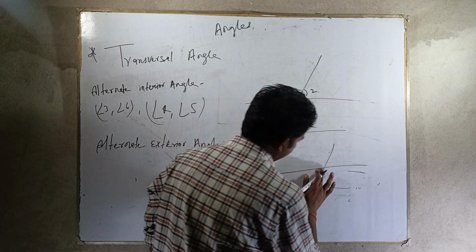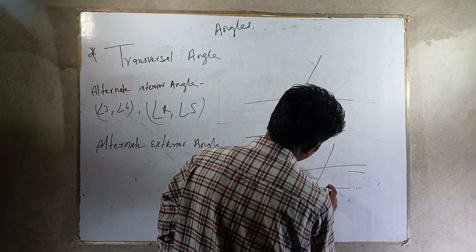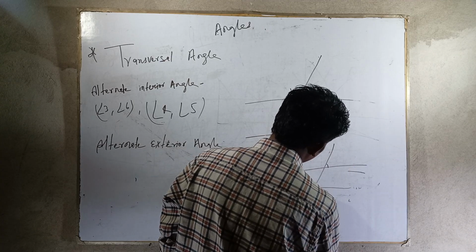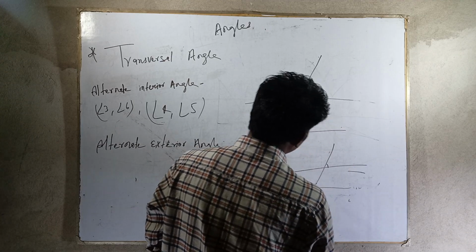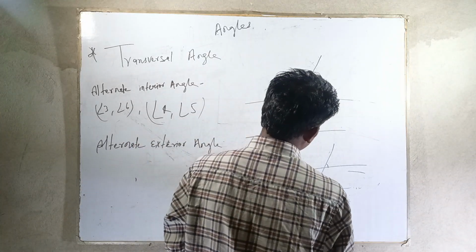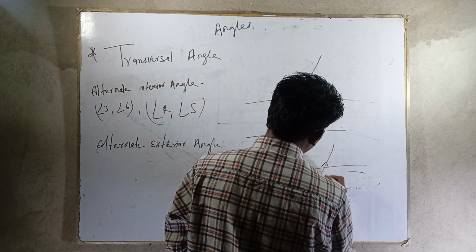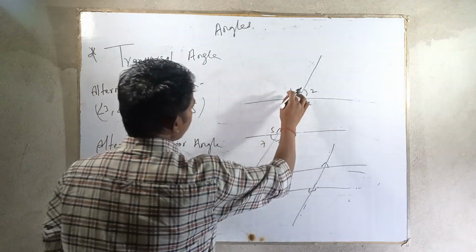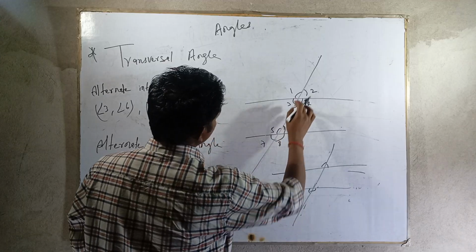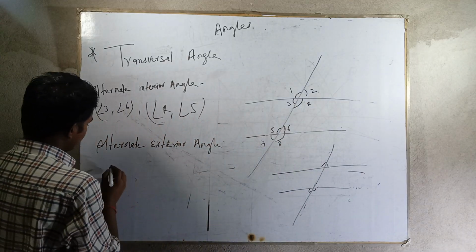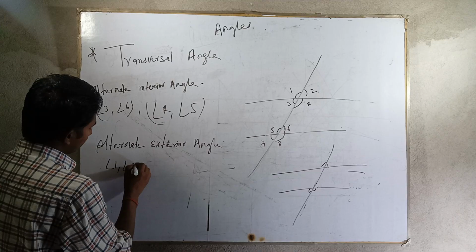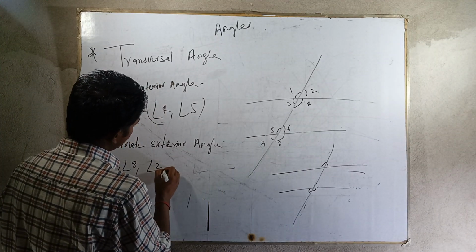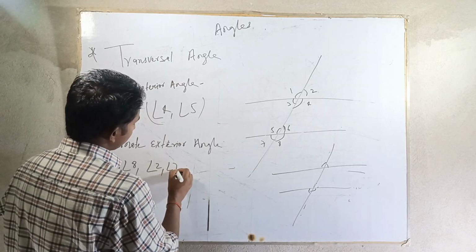Suppose I need to explain all of this. Alternate angles will always be equal, and this one is equal to this one. This is an alternate angle. So angle 1 equals angle 8, and angle 2 equals angle 7.